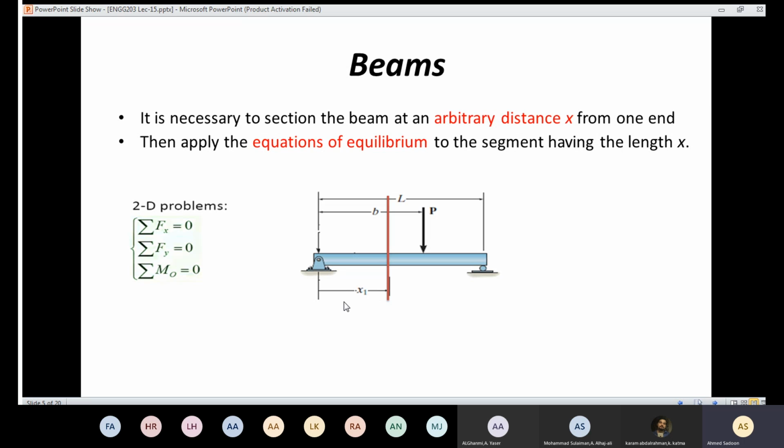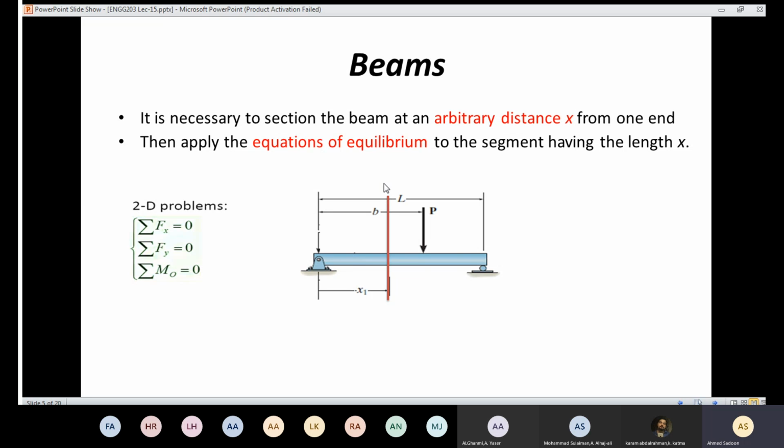So it's okay to represent this region by only x1, but that region there cannot be included by the region here. So I need to have another section at that region in order to know the variation in this region.